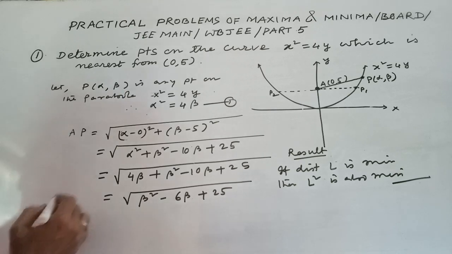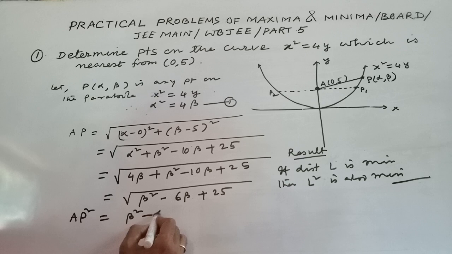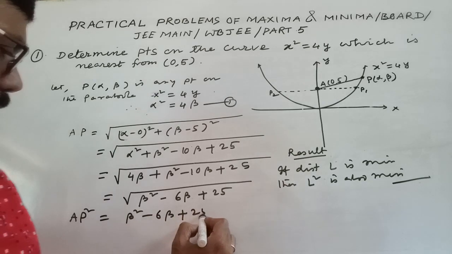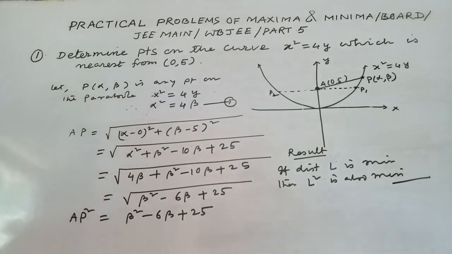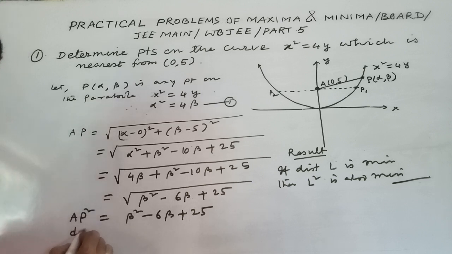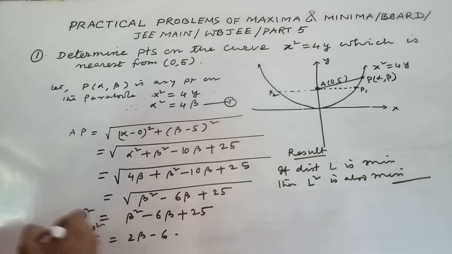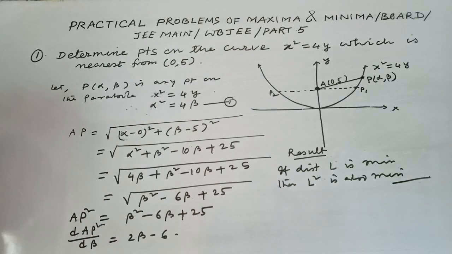So we take the square of the result, beta square minus 6 beta plus 25, and differentiate it with respect to beta. So d of AP square by d beta is 2 beta minus 6.